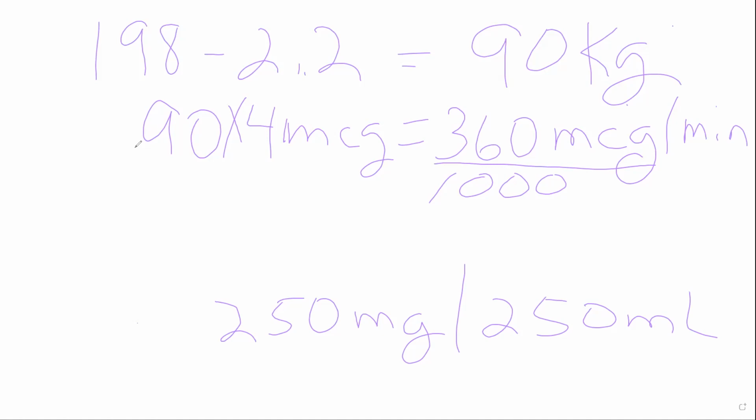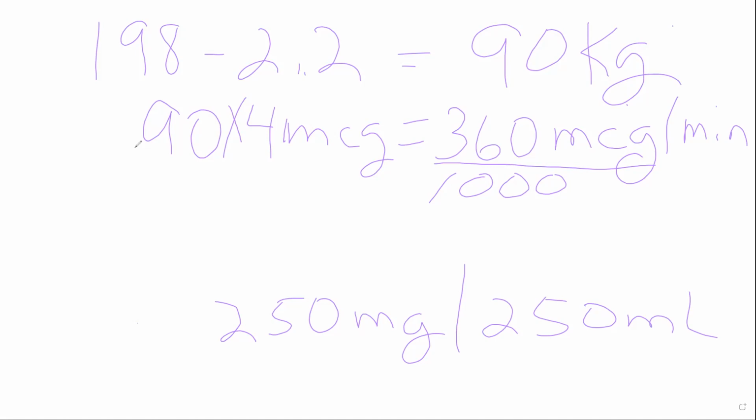And you took your weight, you divided it, you multiplied it. Now your dose ended up with 360 micrograms per minute. But what you have on hand is milligrams. So you have to convert your 360 micrograms to milligrams. In order to do that, you're either going to move the decimal or divide it by 1,000, right?